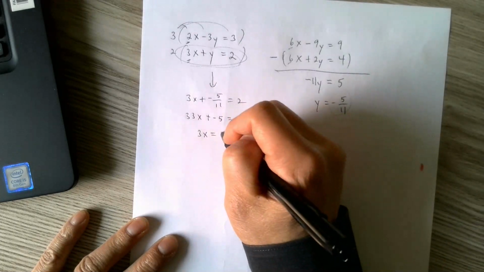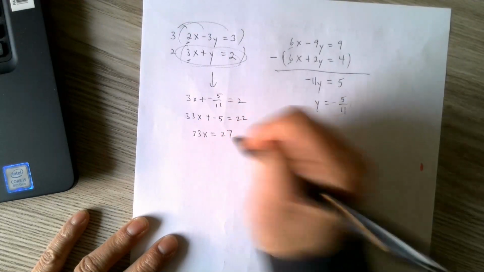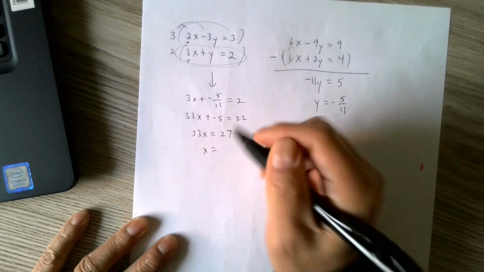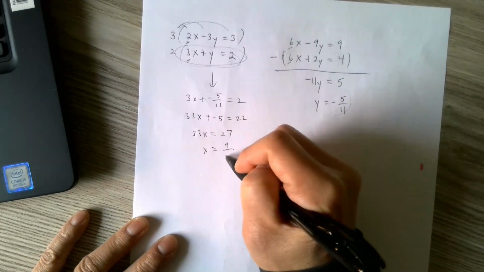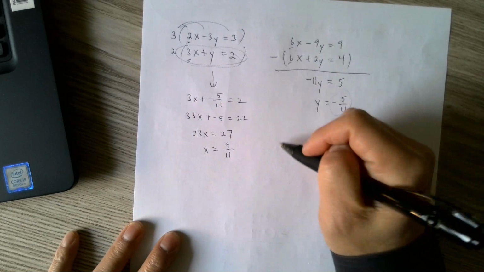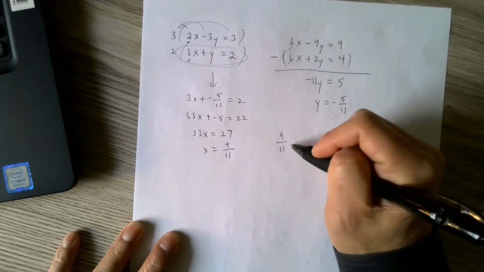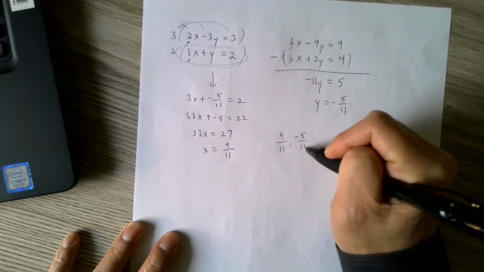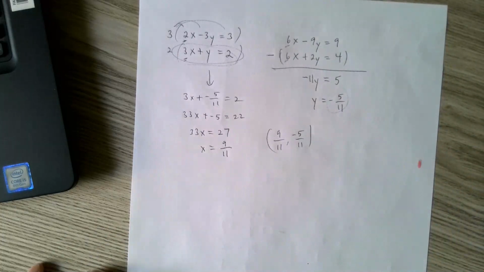And x is 9 over 11. So my point of intersection is 9 over 11, comma, negative 5 over 11.